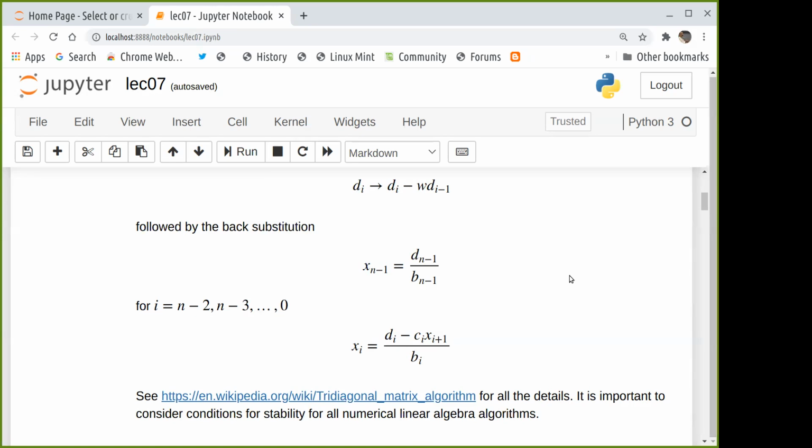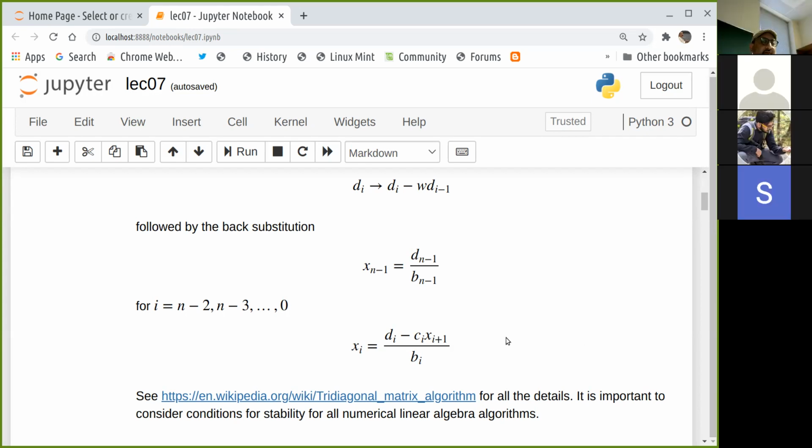Whenever you are doing any numerical linear algebra, one of the things that you need to do is consider when there is stability. We discussed previously that you can get catastrophic round-off errors and so on and so forth. And so various measures are taken to ensure that that doesn't happen.